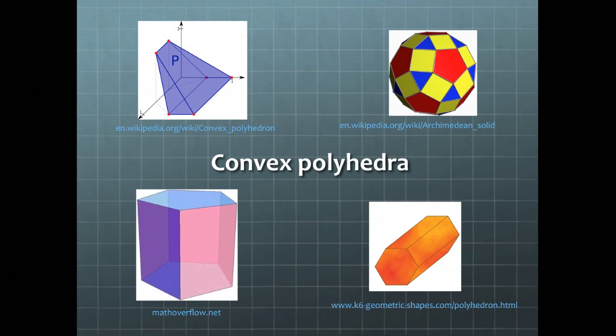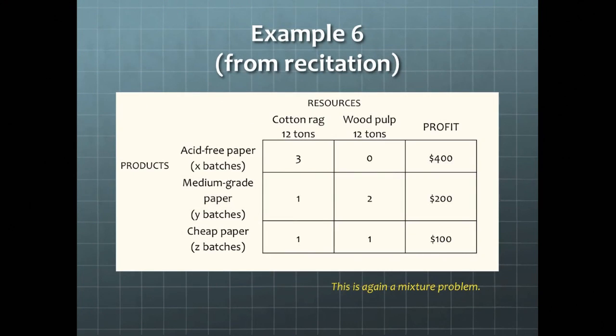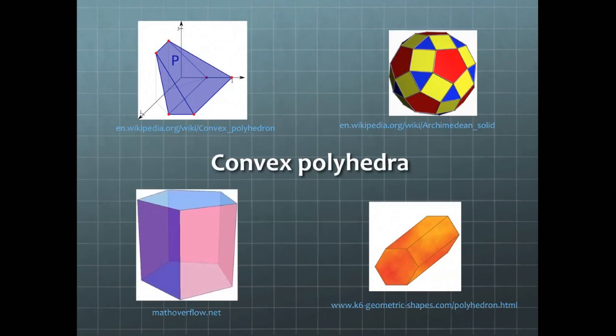Now, why did we suddenly have to go to 3 dimensions? Well, the answer was because in the problem there were 3 products: acid-free paper, medium-grade paper, and cheap paper. So you can see the number of dimensions in which you need to work has to do with the number of products. Now, this may suddenly seem very worrisome. What does that mean if you have more than 3 products?